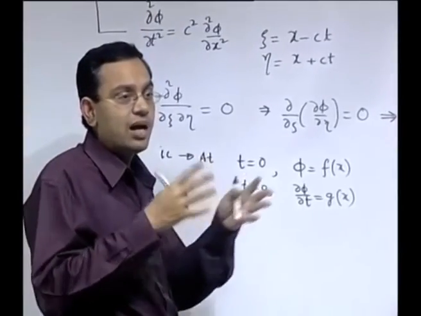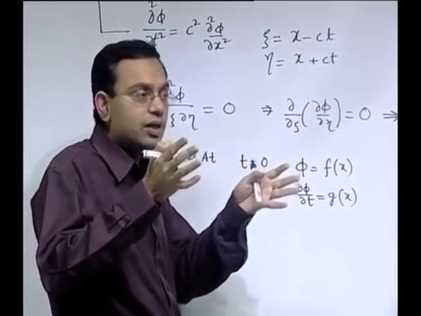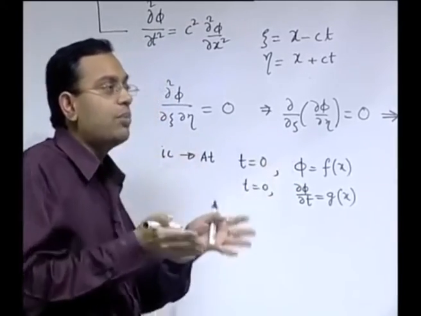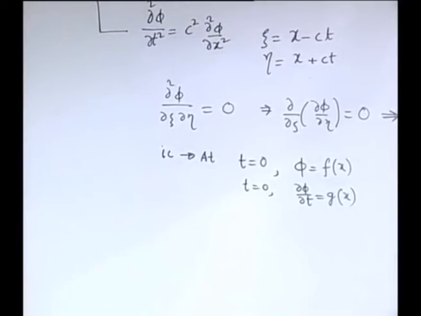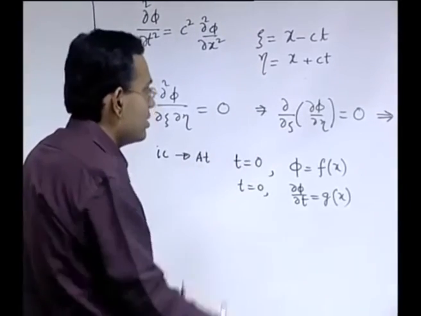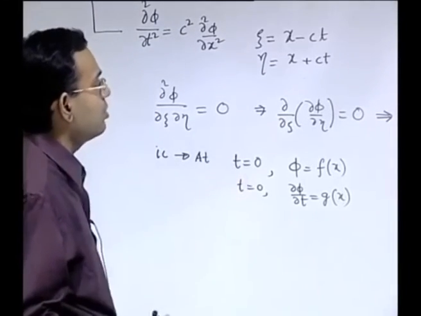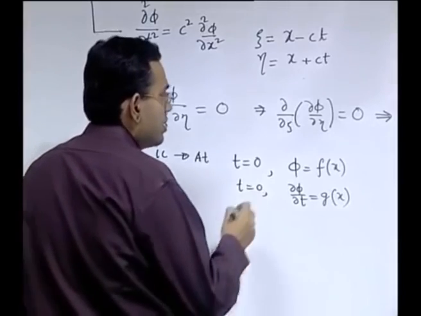So as you have different t, you have your domain of influence bounded by different values of x, and we will come across such physical examples subsequently, but let us just for the sake of completeness complete this exercise. So at t equal to 0 you have this equal to f of x.